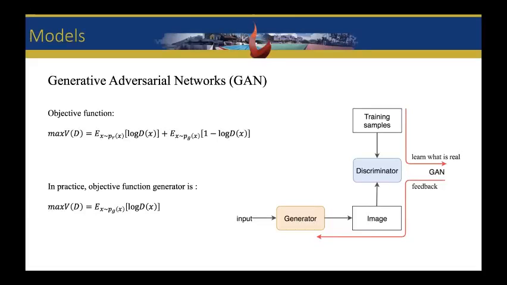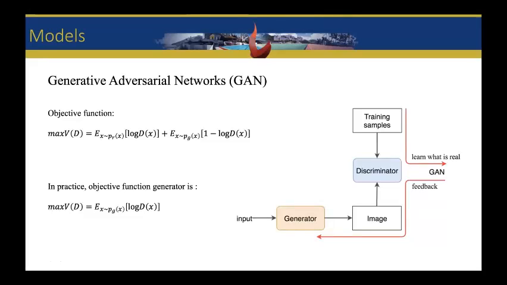The discriminator outputs a value D(x) that indicates the probability that input x is real. The objective of the discriminator is to maximize the probability of recognizing real images as real and generated images as fake. So the objective function is in this form, where PR is the real data distribution and PG is the generator distribution.